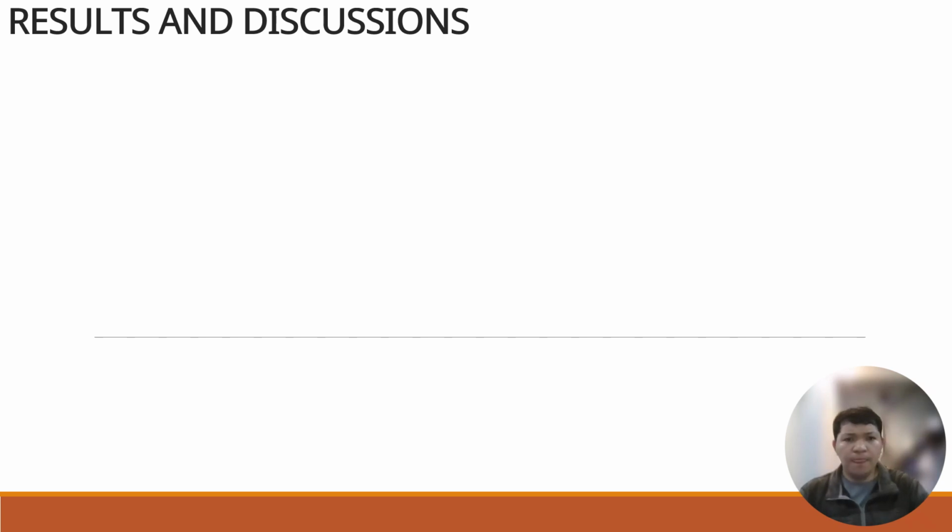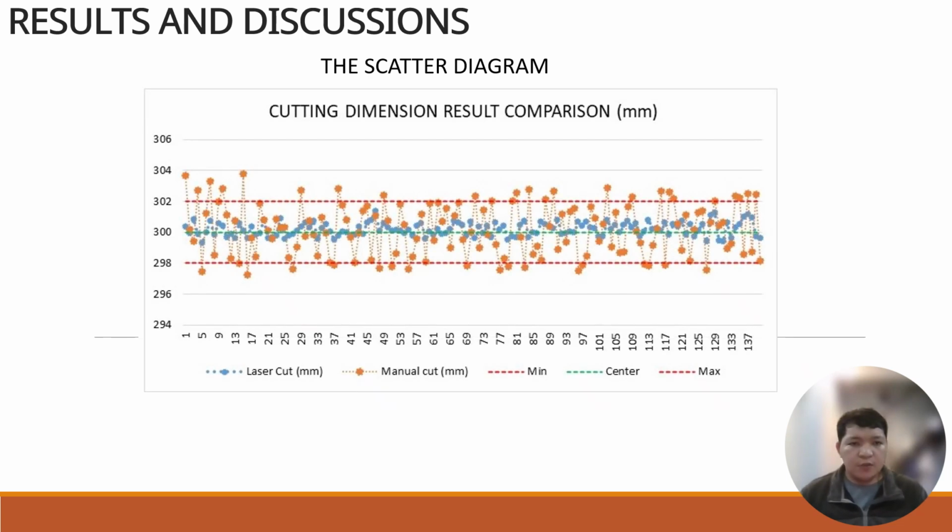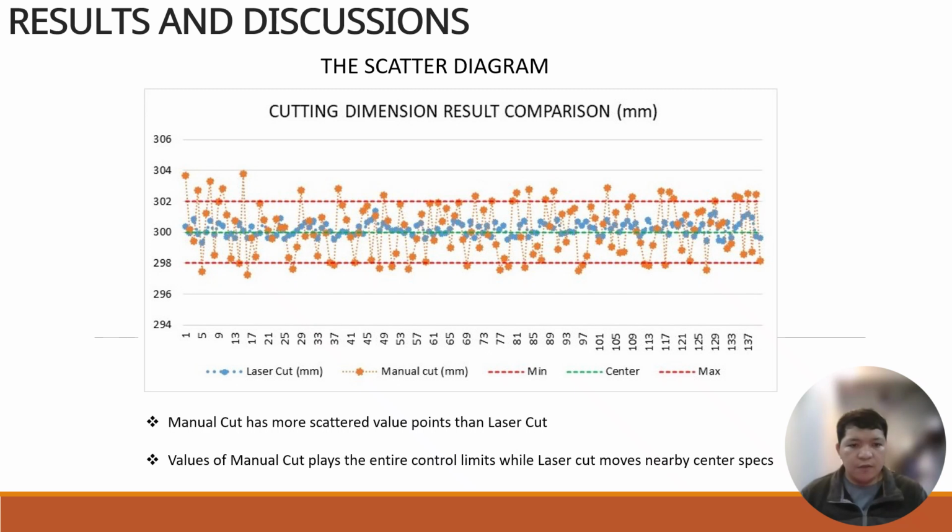For the results and discussion, at first we have the scatter diagram, showing the result of the cutting dimension comparison for manual and laser cut. Manual cut has more scattered value points than the laser cut, as we can see. This is the orange colored dotted lines.